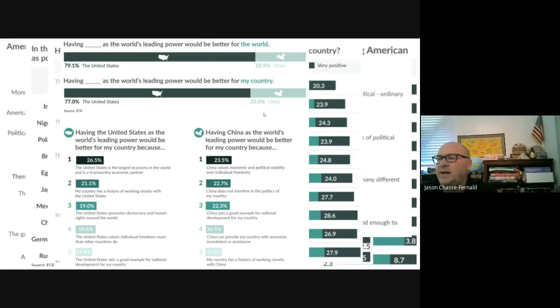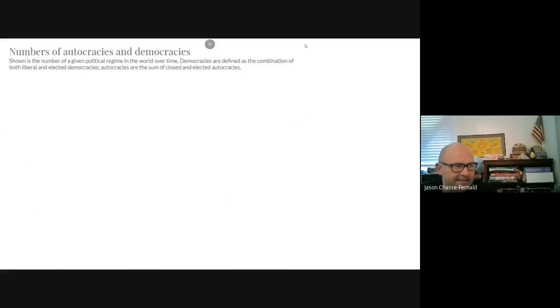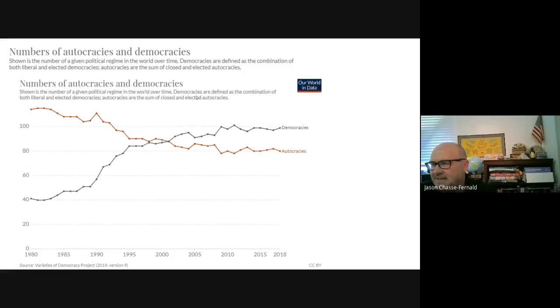That was not there 20 years ago, right? Nobody would have realistically put China as a soft power option when it comes to what the United States believes in. All right. So this is something that we're seeing change.